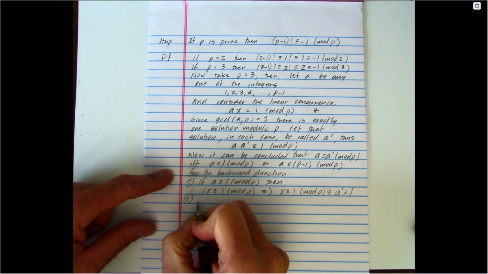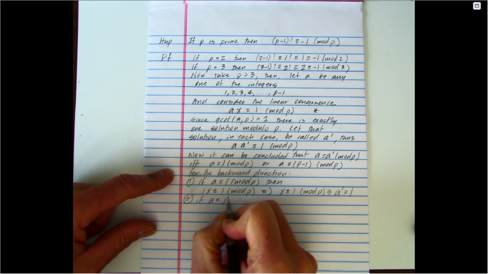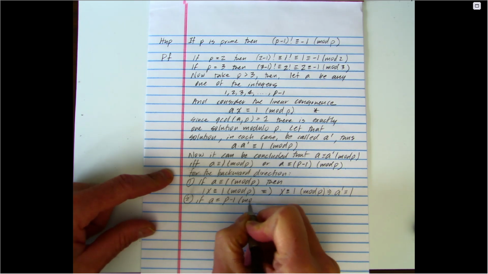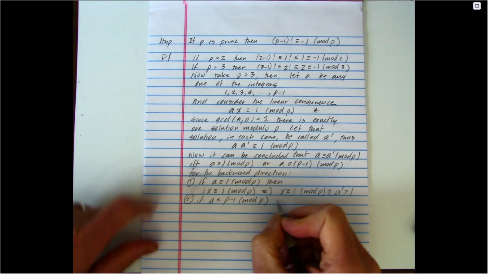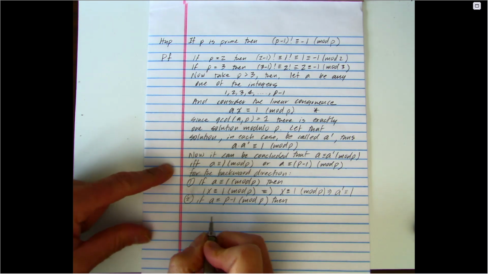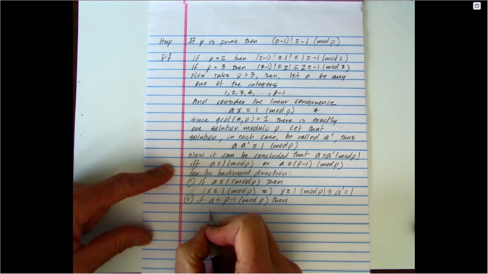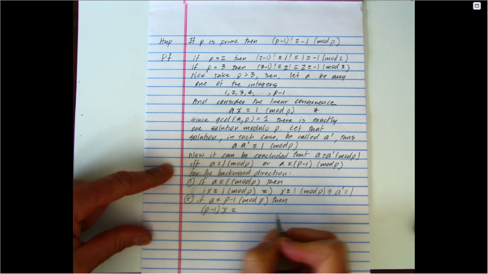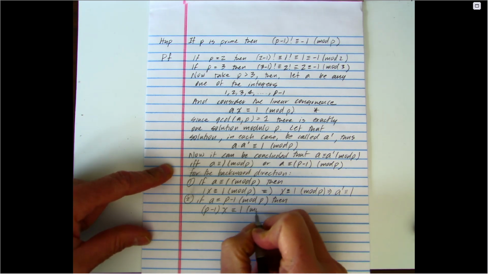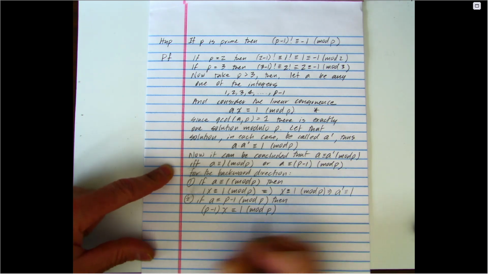Number 2 is a little bit harder. If A is congruent to P minus 1 mod P, then what am I trying to sort out there? I put A right here into my linear congruence. So it's P minus 1 times x, and we want to solve that equal to 1 mod P. Well, we could distribute the x.